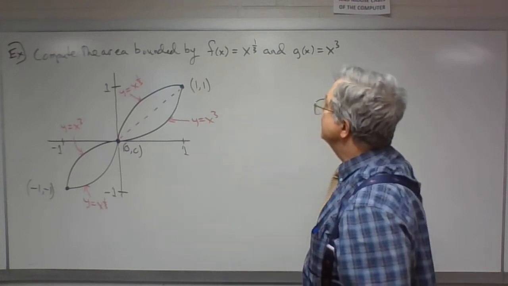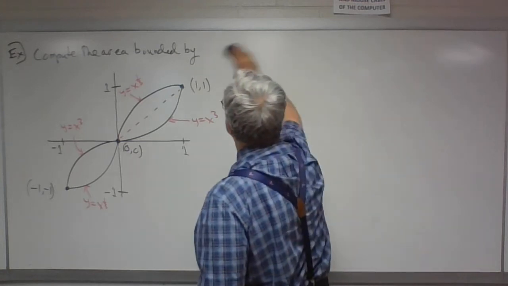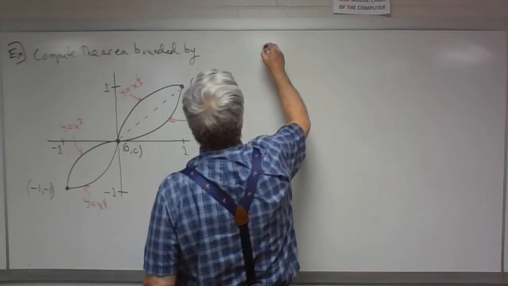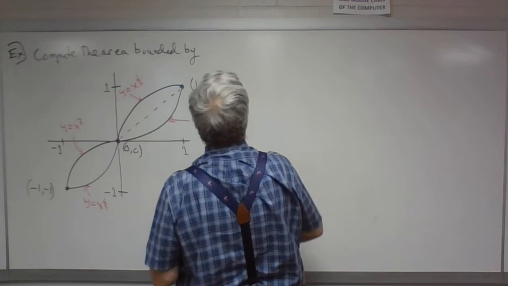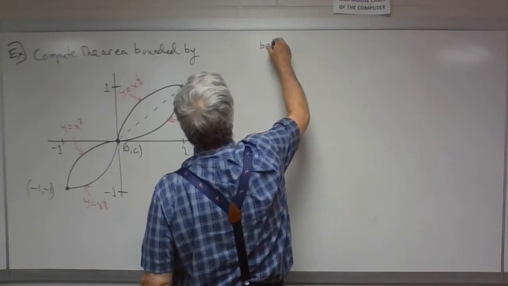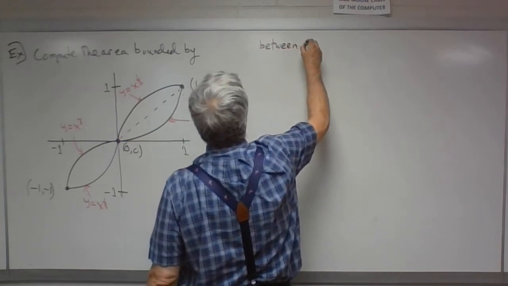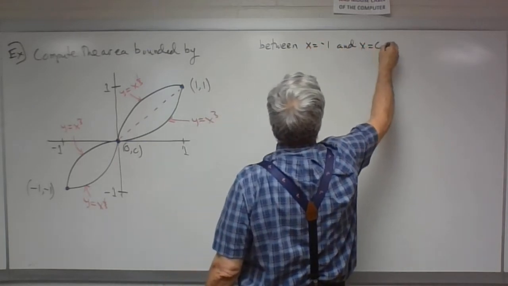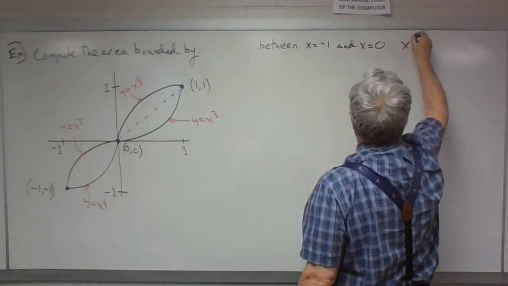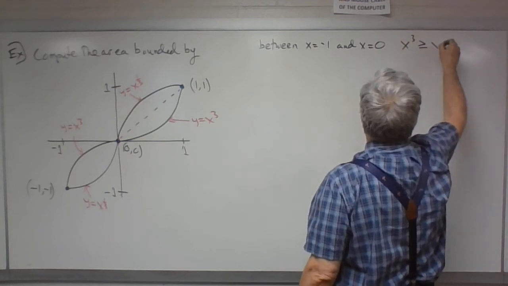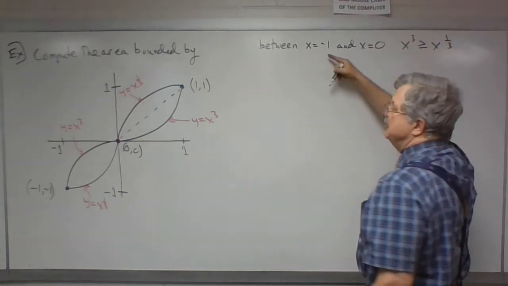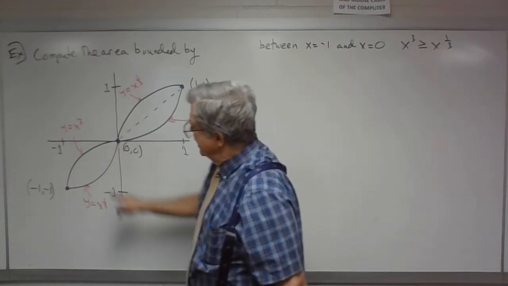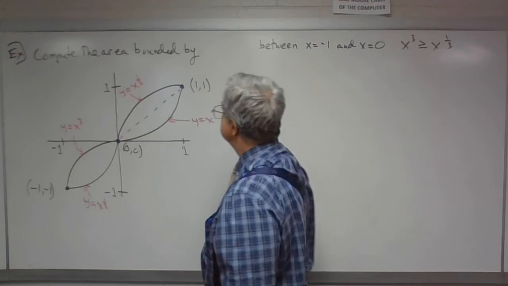Let's write down what we've established. Between x equals -1 and x equals 0, x cubed is the larger function.